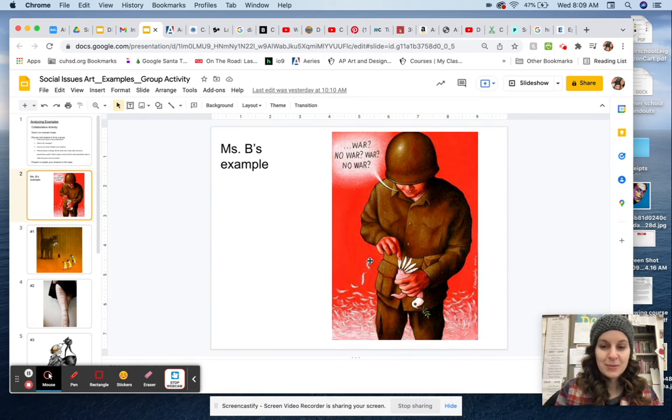So they're using this symbol of peace to say, should we go to war or should we not go to war and stay in peace? I think that's interesting, but I think the artist could have also just had the soldier flipping a coin for chance of going to war. That would have been another way to show we're just not taking the decision very seriously.